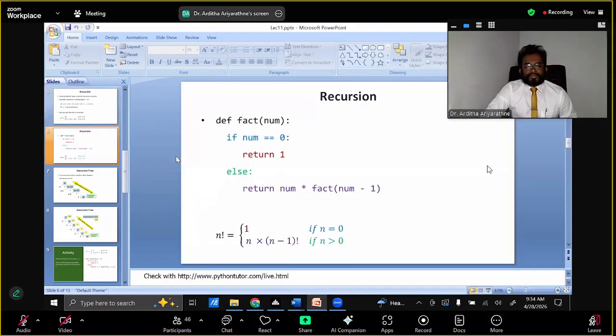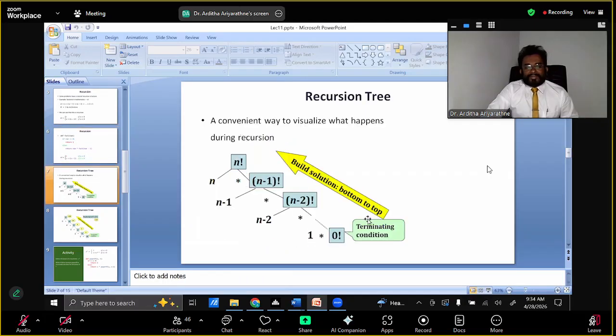Now I'm going to explain how to write a recursion program. Here, the same thing I have explained to you by using the secondary camera. It's available here inside the slide also.